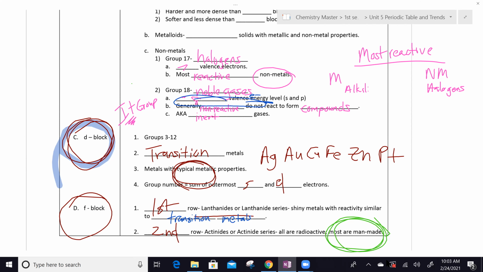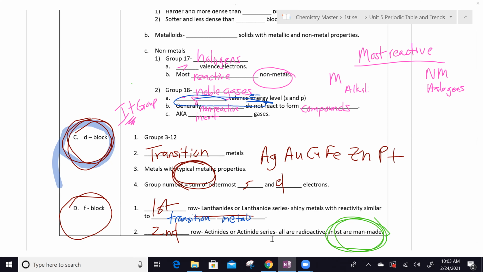Quick review before we start. Remember that the colors of the periodic table tell you your state of matter: solid, liquid, gas. And then remember that whether you are on the left or right side of the staircase tells you whether you're a metal or non-metal.